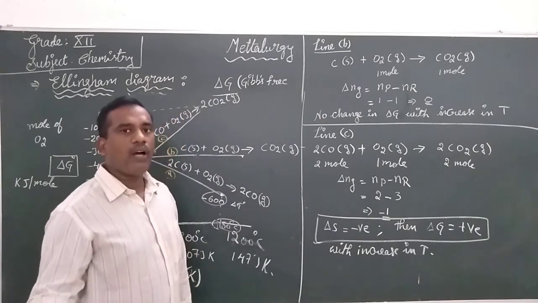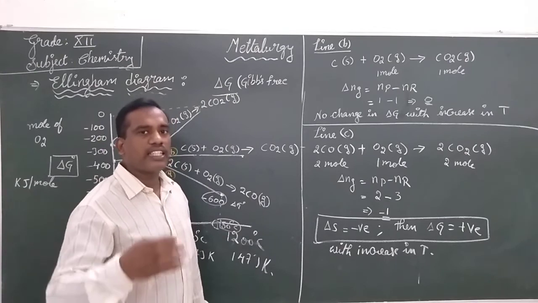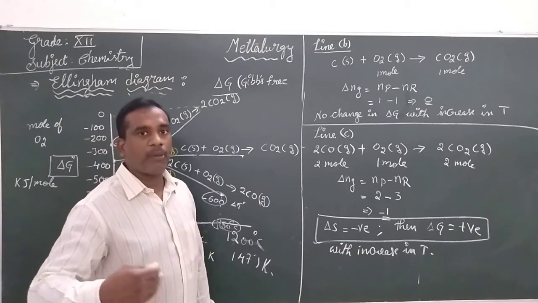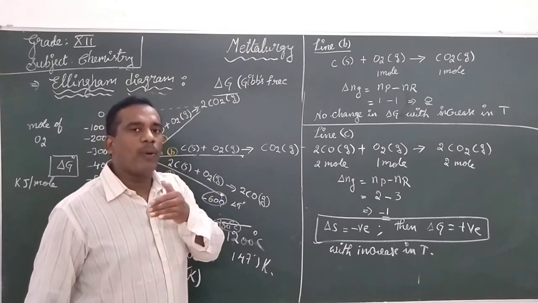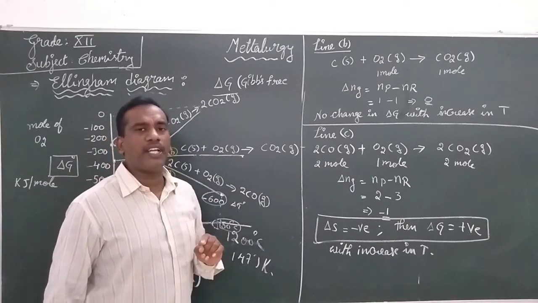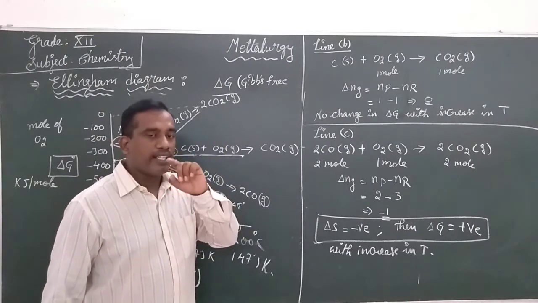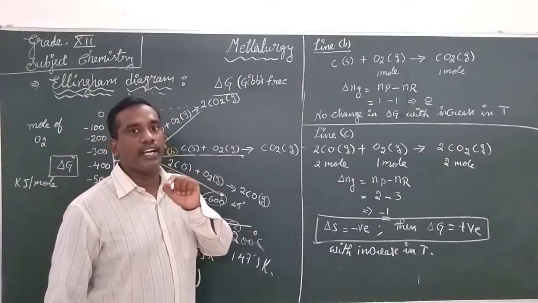So, when the number of moles of gaseous substances is decreasing, becoming minus, entropy will become negative. What did we learn in the previous case? Entropy will become positive, then delta G will become negative.